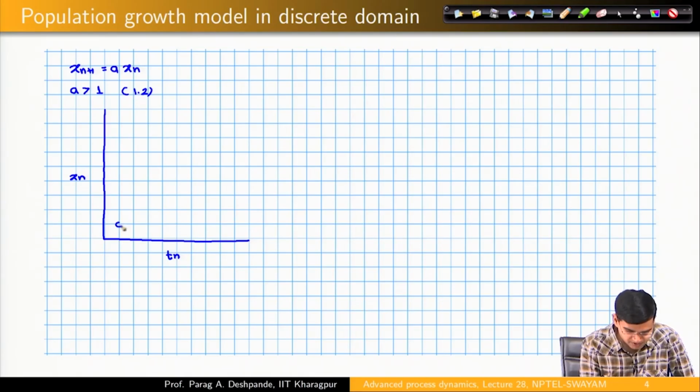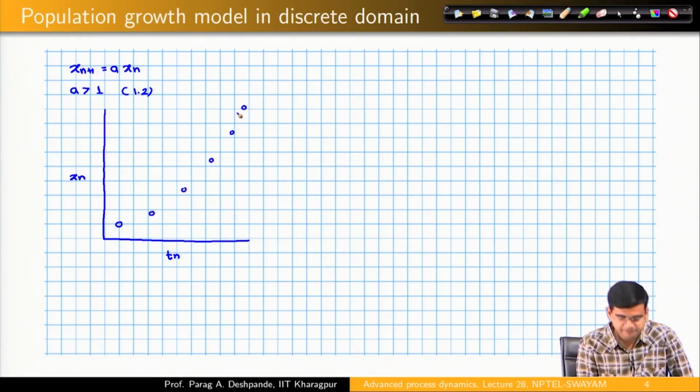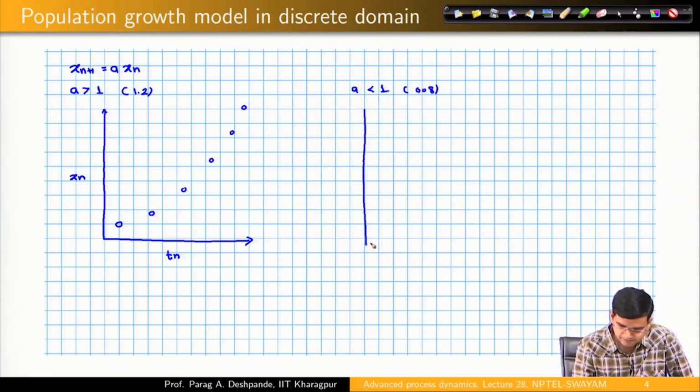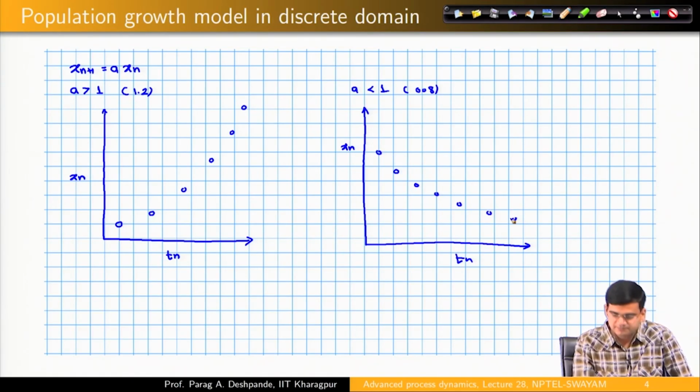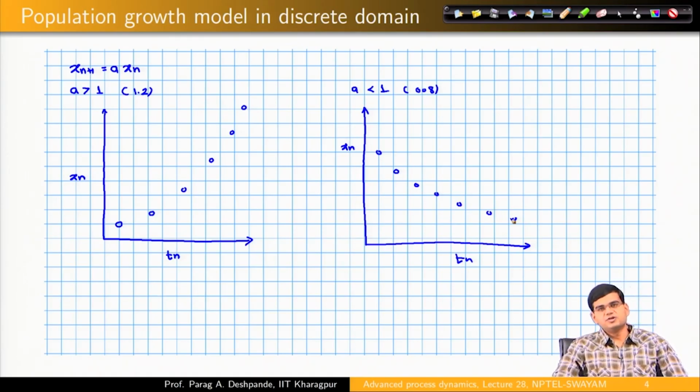The plot which I got was like this, okay. And when a was less than 1, in my particular case I used 0.8, the plot that I got, x n versus t n, was something like this. Right. So, what is going on?